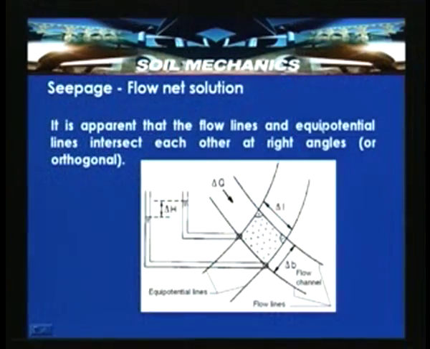So, it appears that they are orthogonal. With this deliberation it is apparent that the flow lines and equipotential lines intersect at right angles to each other. From the theoretical considerations, we can say that the flow lines and equipotential lines intersect each other orthogonally.